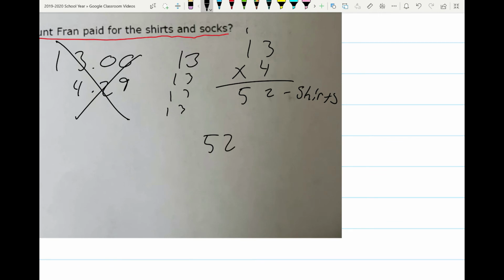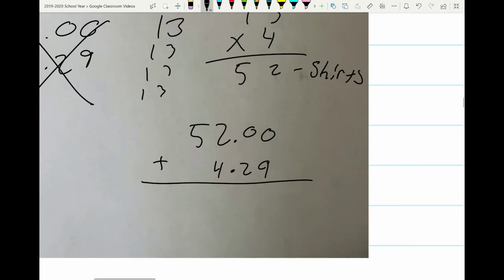Now I can add it with the pair of socks. 52. And remember, $4.29. Even though my 52 is a whole number, I still add my decimal at the end. Now I add up everything.